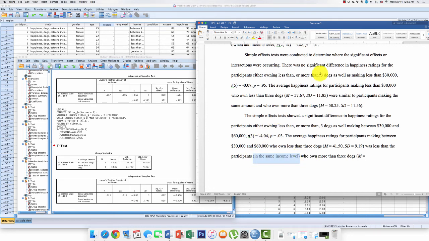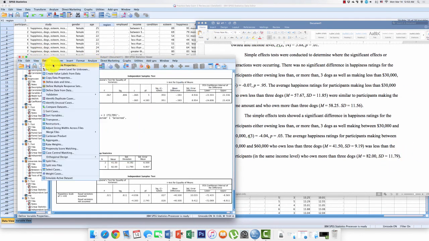Anyway, mean is 82.00. Standard deviation equals 11.79. So that's the write-up for the significant part.